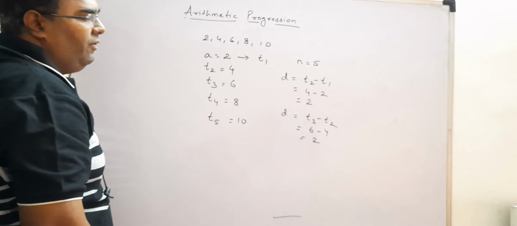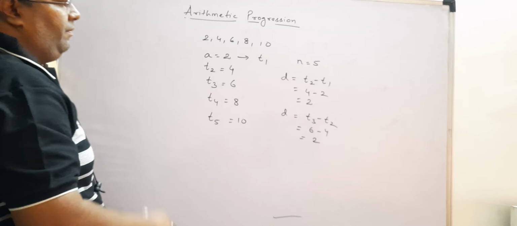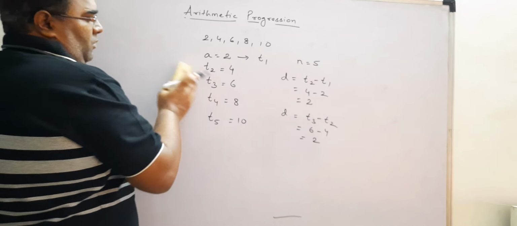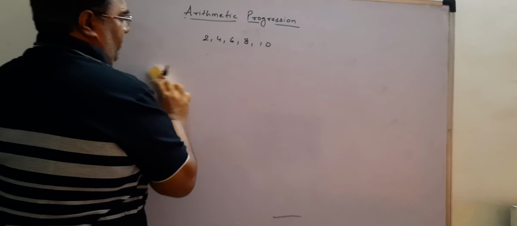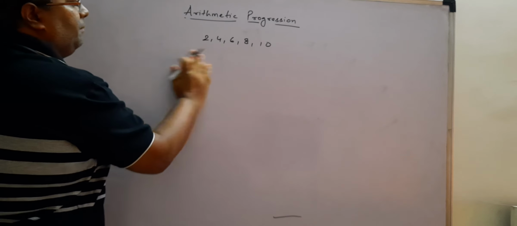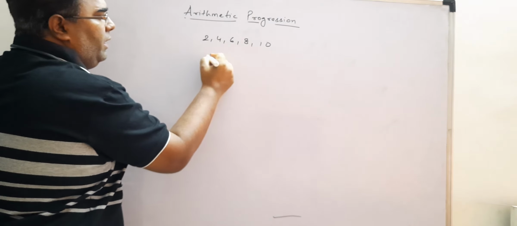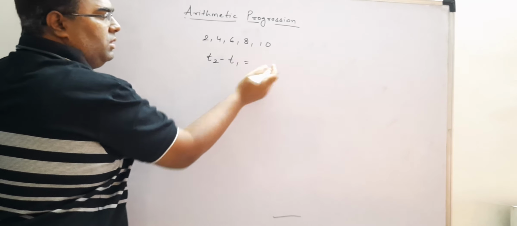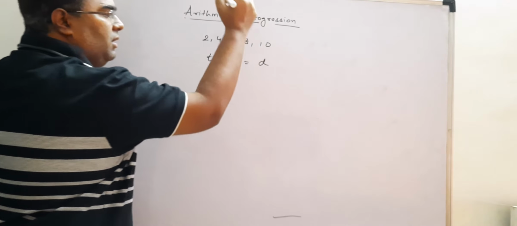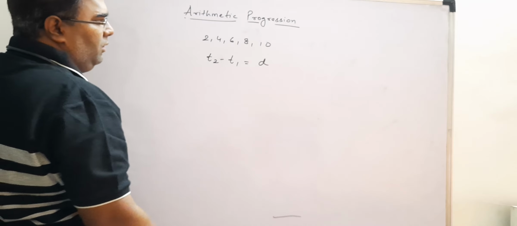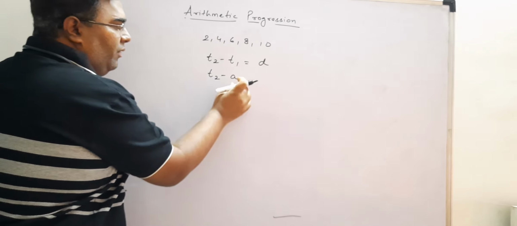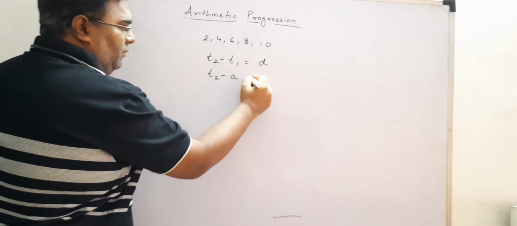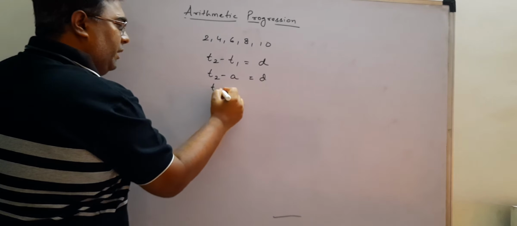Okay. Now we will find the general term. We have seen that T2 minus T1 is the common difference, D. Now T1 is A, we have taken T1 as A. So what is my T2?